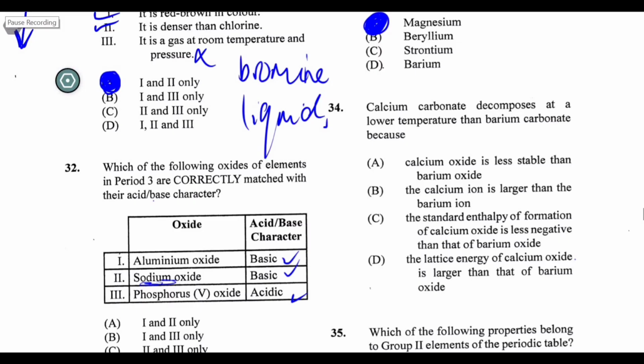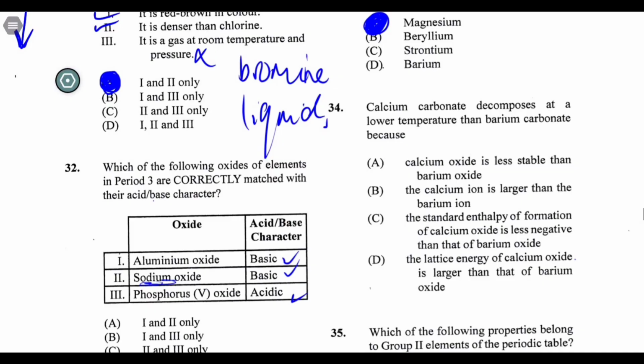Okay, so let's look at these, starting from D going up. This says that the lattice energy of calcium oxide is larger than that of barium oxide, and that wouldn't be the reason why calcium carbonate decomposes at a lower temperature than barium carbonate, because if the calcium oxide lattice energy is indeed larger, that means it would have stronger bonds, and would require more energy to break those bonds.